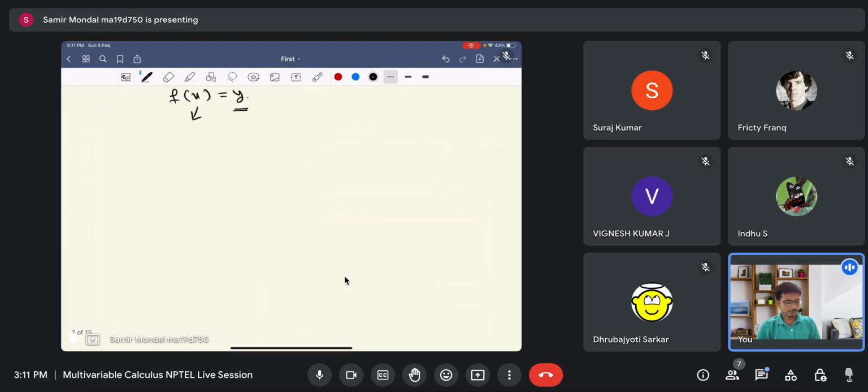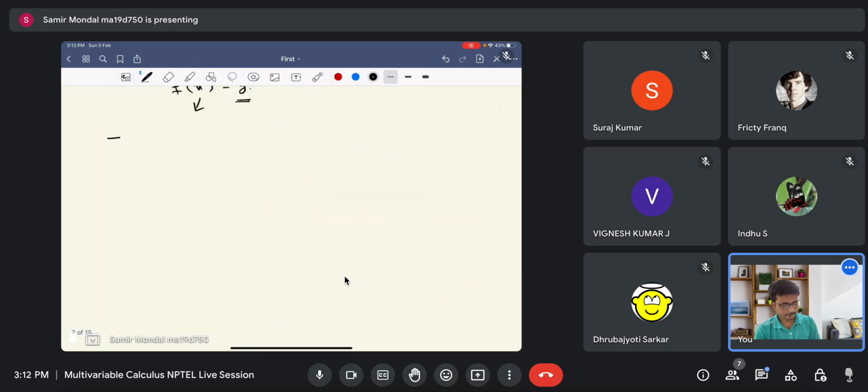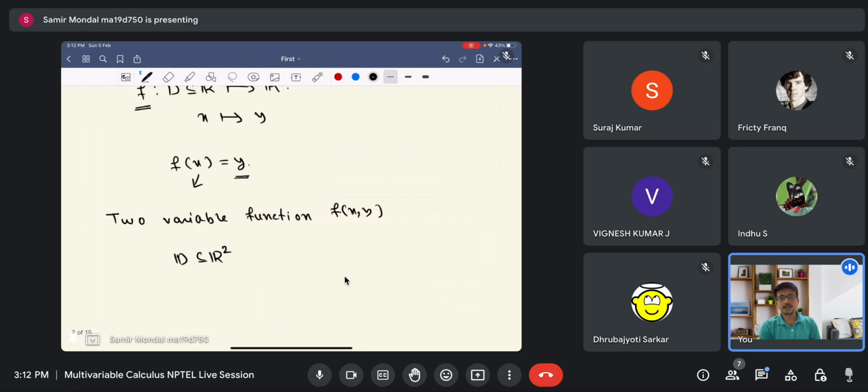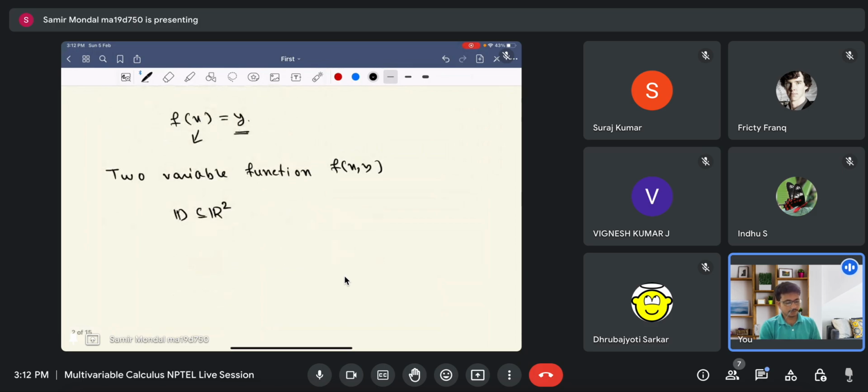Now we talk about two variable functions, f of x, y. Take one domain D, which is a subset of R2. Here it was a subset of R for single variable functions; for two variable functions our domain is from R2.